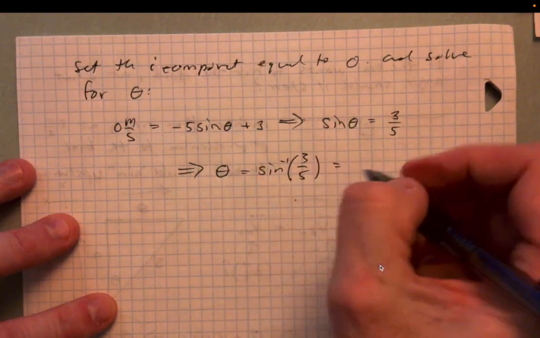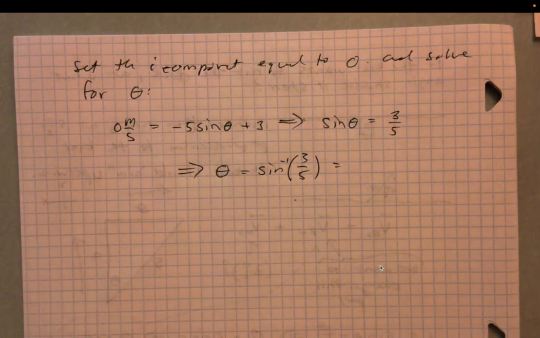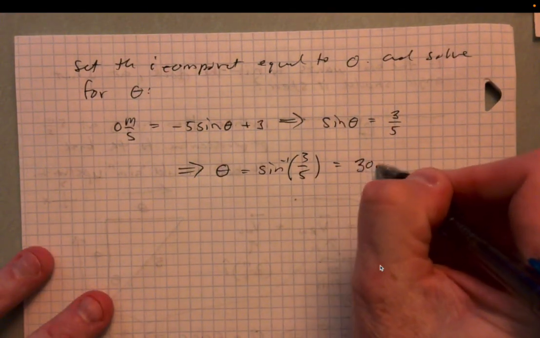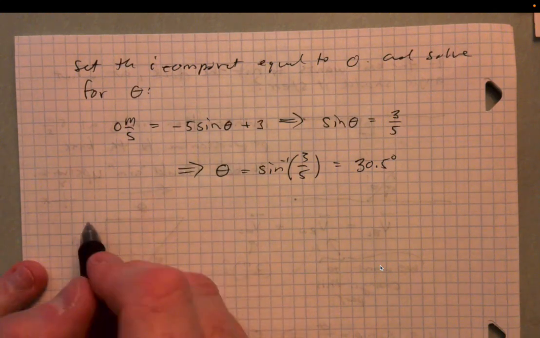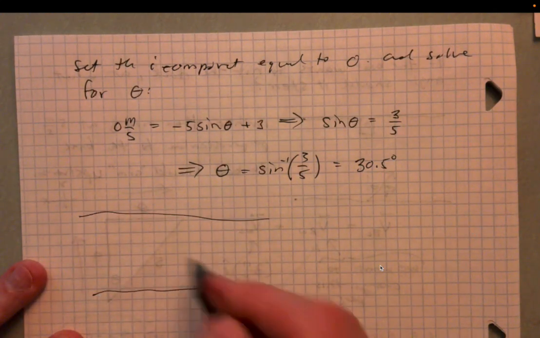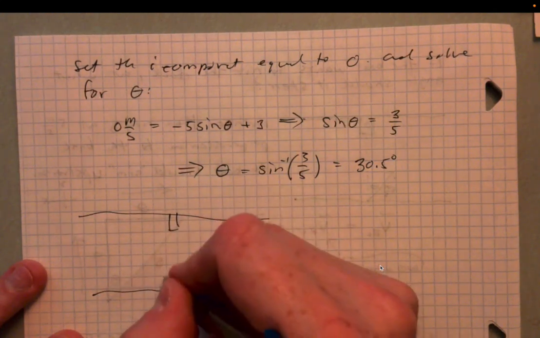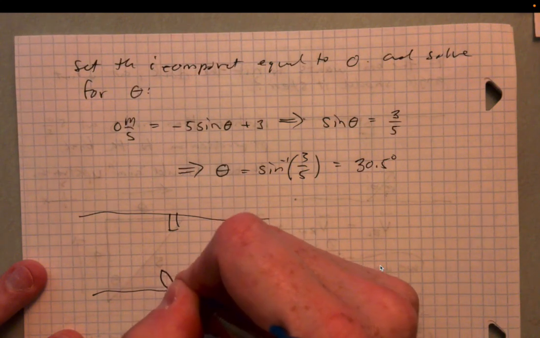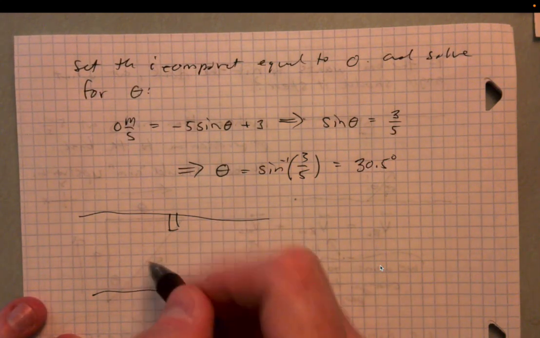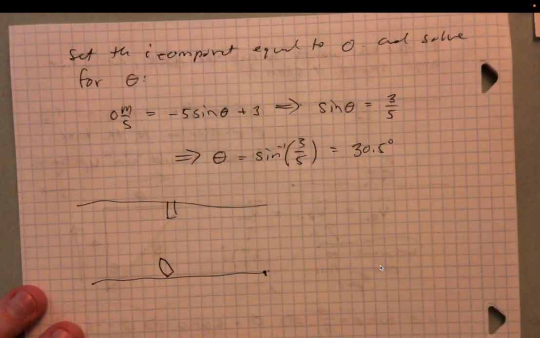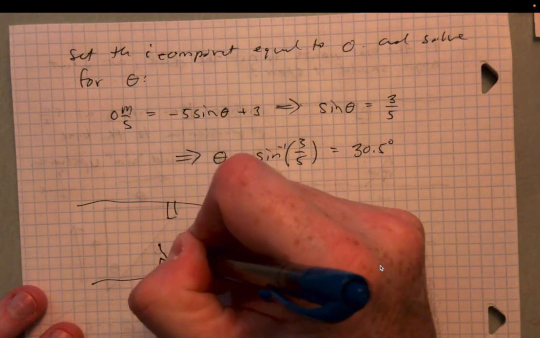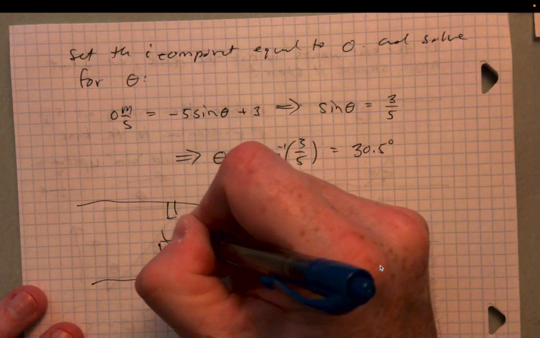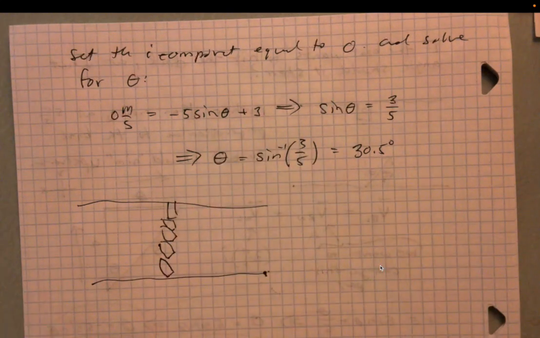you'll see that theta needs to be approximately 30.5 degrees, right? And so in our scenario here, the boat will actually move like this, right? It'll kind of be offset at an angle, and in doing that, it'll stay just ahead of the current.